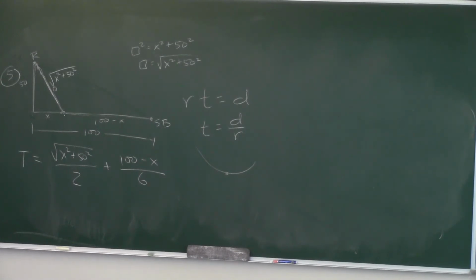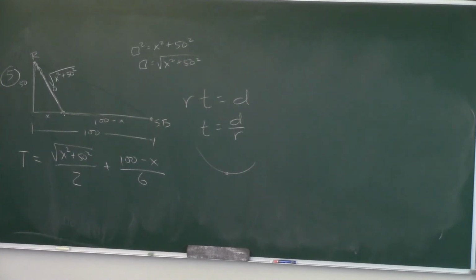Divided by 2, right arrow, and then plus, what do we got? 100 minus x, we need parentheses just in case. 100 minus x, right arrow, divided by 6. Enter. Let me take a look at that. Yep, that looks good. You guys know 50 squared is 2500, yeah? If not, just put 50 squared.